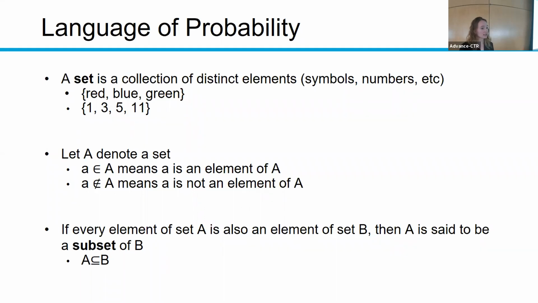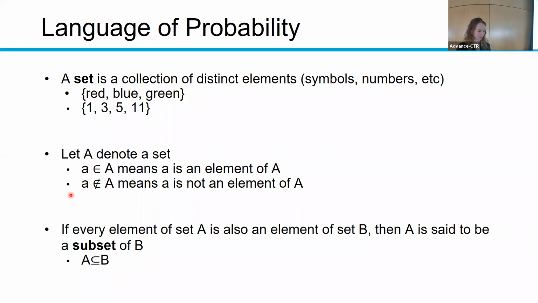If we let A denote a set, this notation, little a with the symbol for element of, capital A, means little a is an element of big A. So if we look at this red, blue, green set and we called this set A, we could say red is an element of this set A. And the same notation, but with a line through the symbol, means that that little a element is not within your set A.